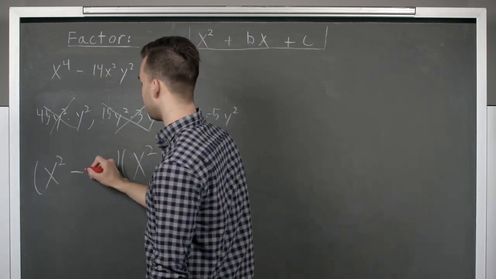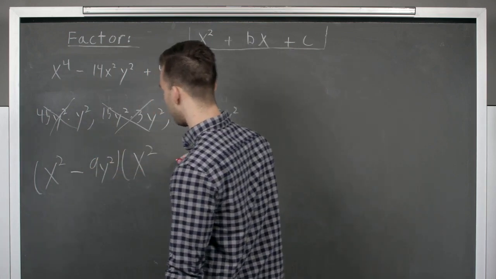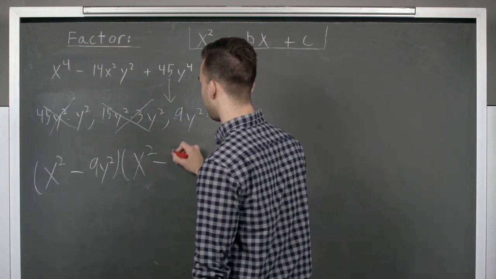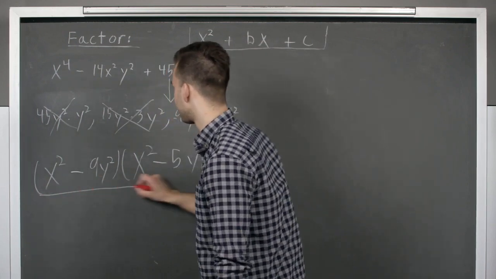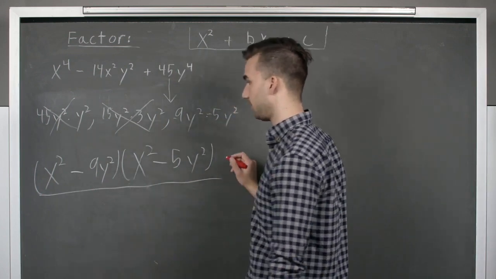So we can write it as x squared minus 9y squared times x squared minus 5y squared. And then if you want, you can just multiply it all out just to check it, but that is the solution for this example.